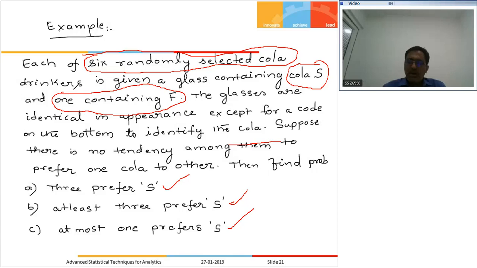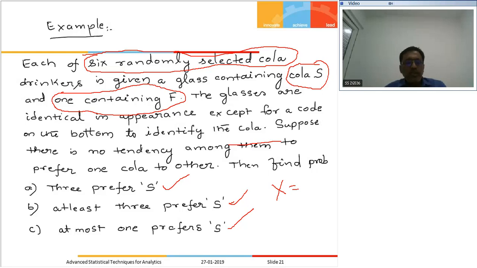There are 2 types of glass, either glass S or glass F. But the discussion is with respect to S. That means we define the random variable X as getting a glass with cola S, the first type of cola, that is yes.